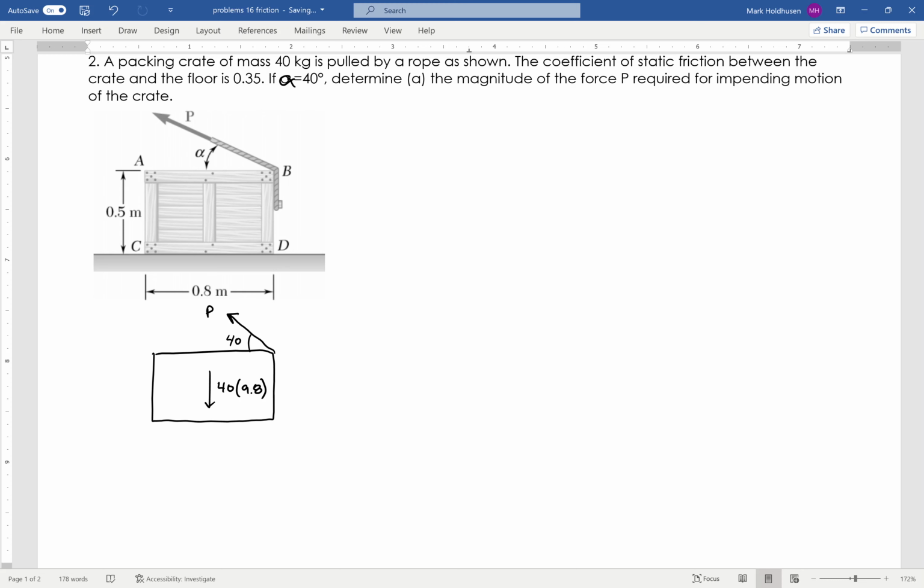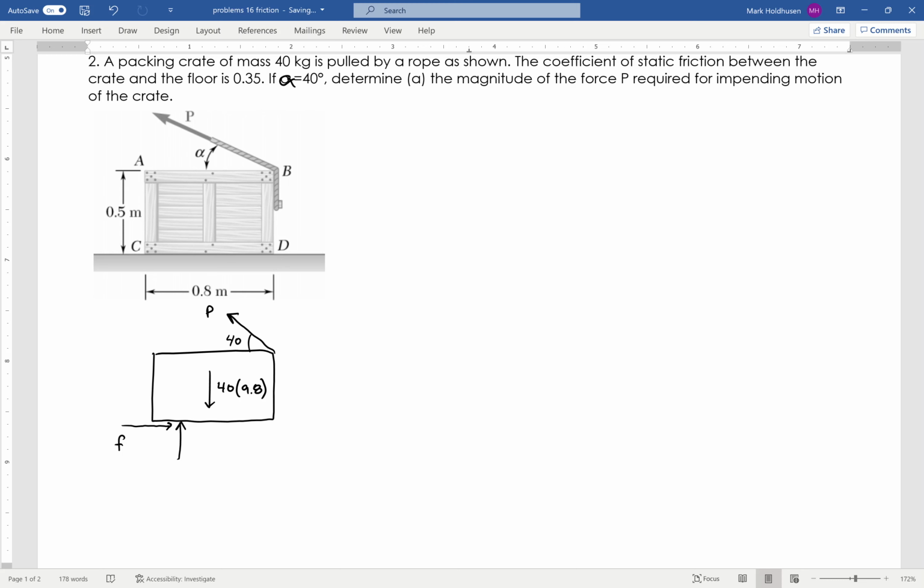Now, when I have a rigid body with some dimensions and I pull on it, I have a friction force applied opposing that motion. What happens is I create a couple moment between that applied force and the friction, and I need to balance it with another couple to keep this thing in static equilibrium.